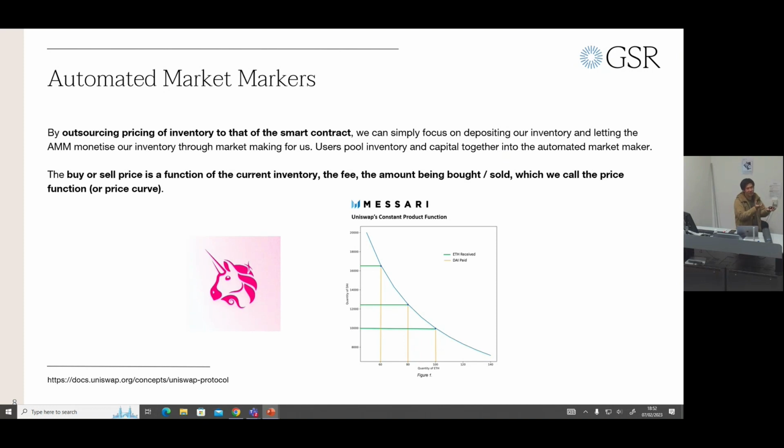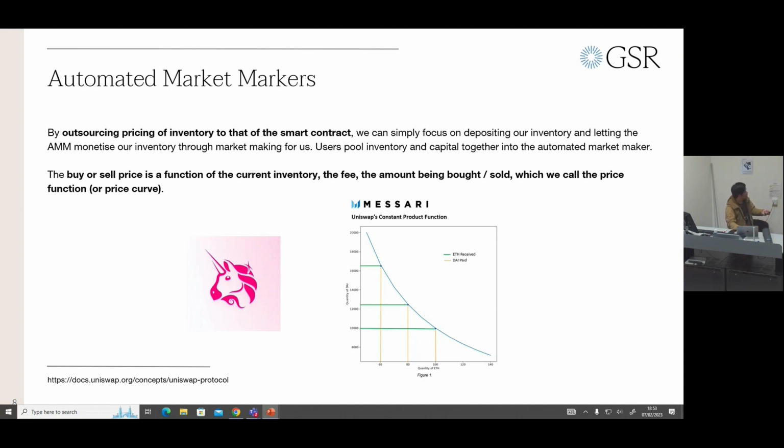So it needs to try to balance the two. And that's where this pricing function comes in. It will try to find some optimal way of managing its inventory while still making money, offering these different prices for different customers that come and try to buy or sell inventory to you.